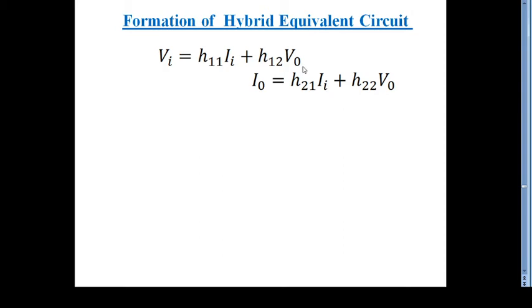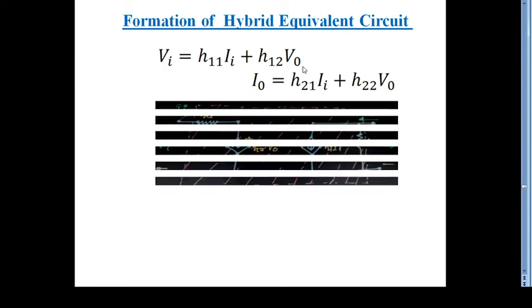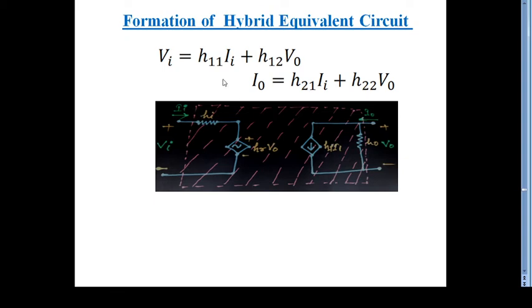After that, for the first one, we can simply write H11 is Hi because it is input impedance, and H12 is your reverse voltage transfer ratio, so HR.